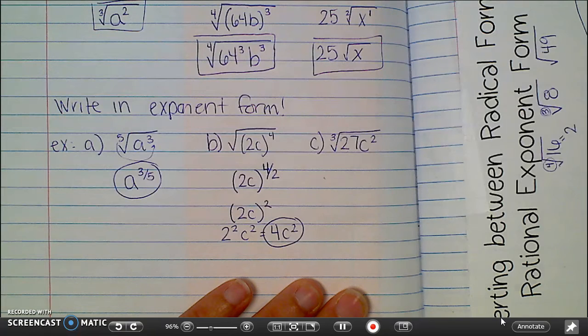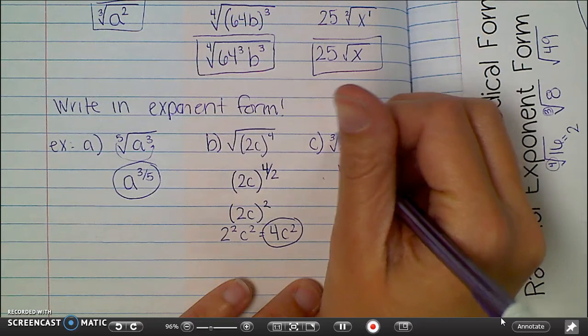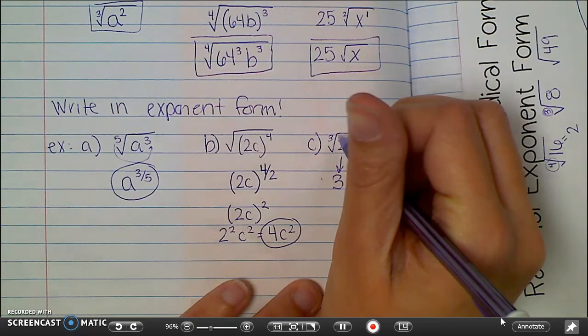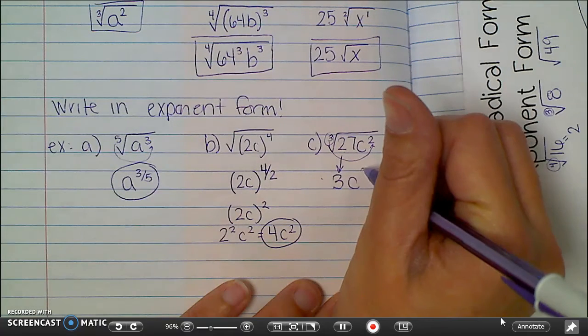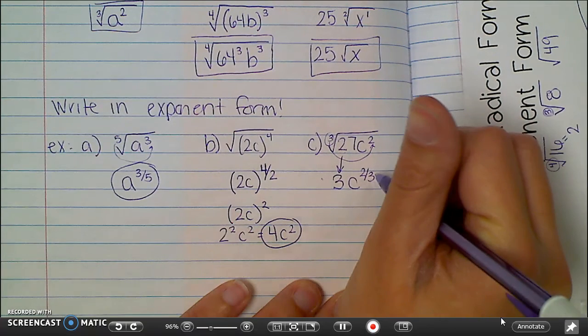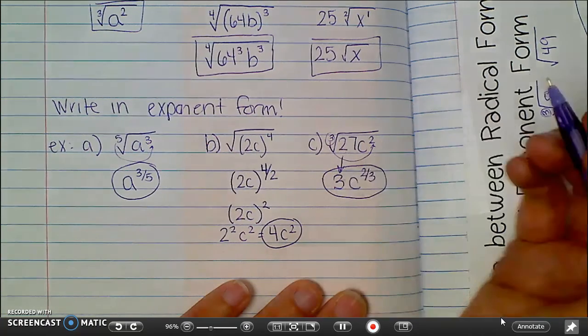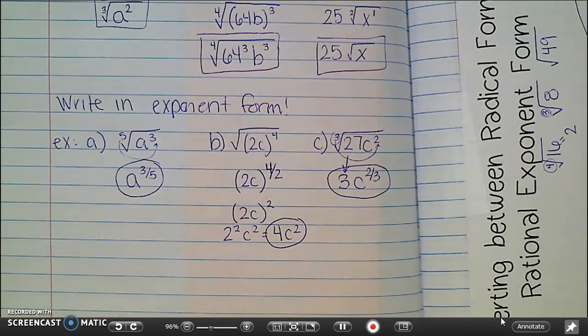So maybe 3. 3 times 3 times 3 is totally 27. So 27 cube rooted is just 3. But this 3 also has to go under the 2. So this is going to be c to the 2/3. So that's kind of weird because we have to simplify that if we can. If we can't, we just leave it. And so we'll do some of those tomorrow as well.